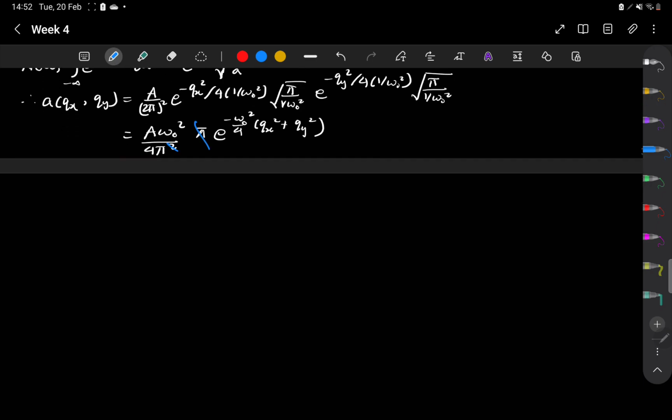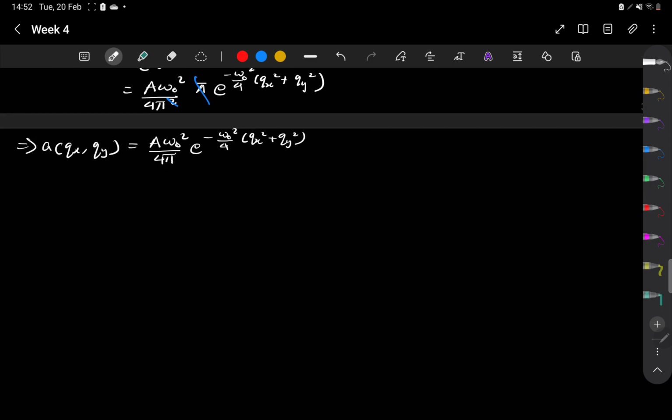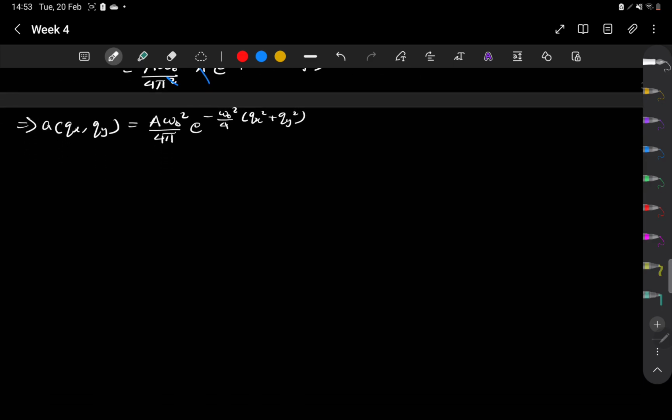So this pi cancels out, and finally we are left with the expression for the spectral amplitude as follows. This completes part B.